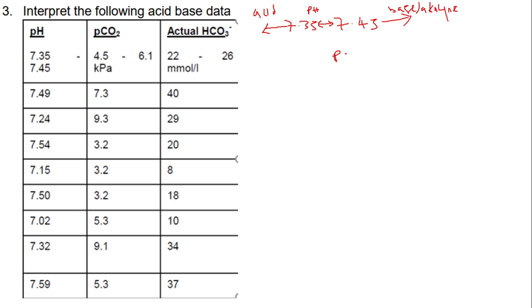So here it will be what? Partial pressure of CO2. We know it's 4.5 to 6.1. That's the partial pressure, right?